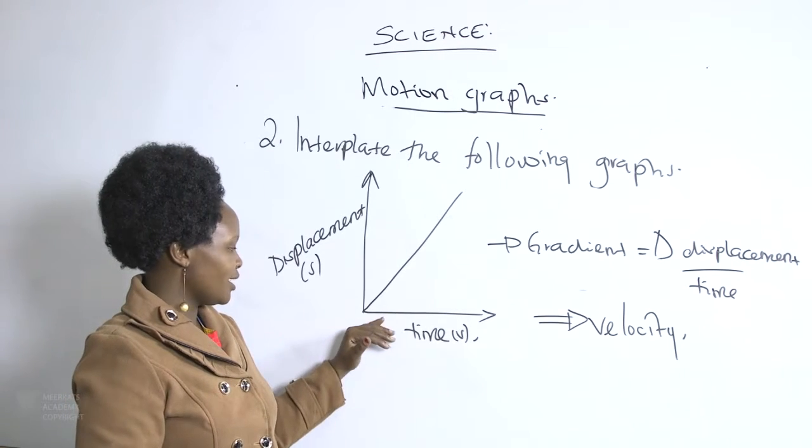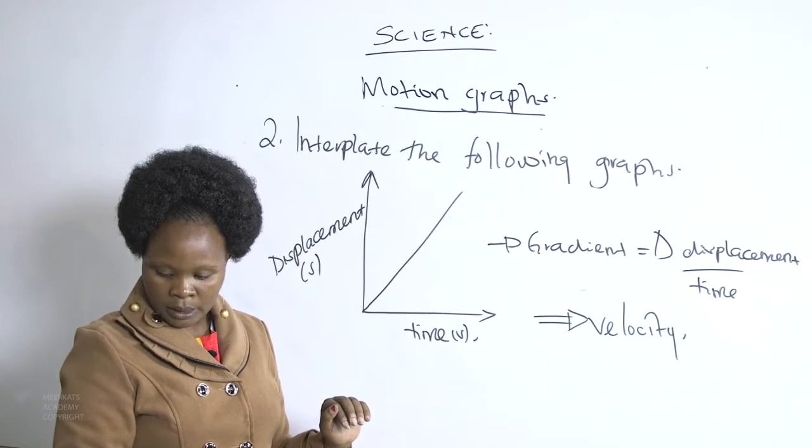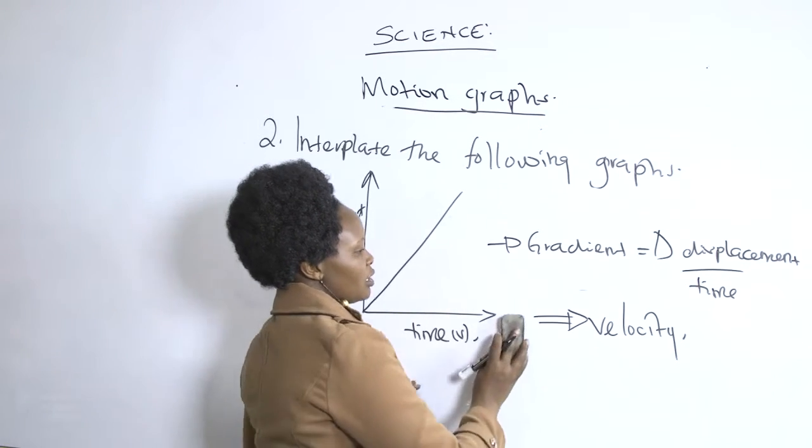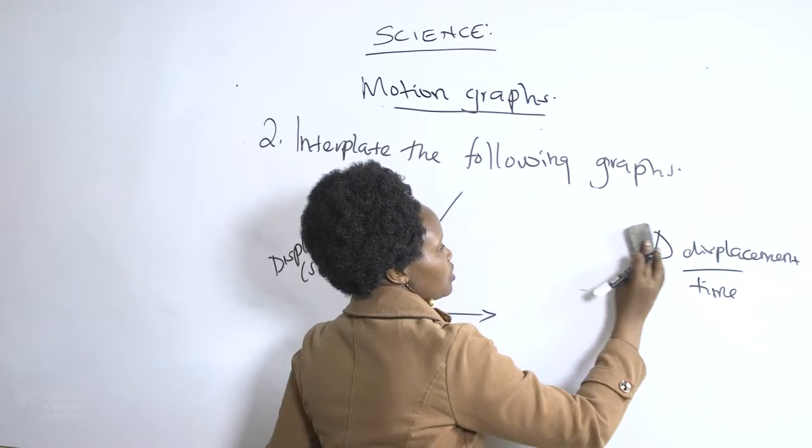Now, looking at the graph, it is a straight line through the origin, and therefore it means that the gradient is actually constant.